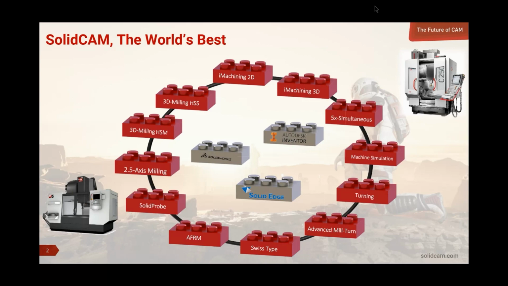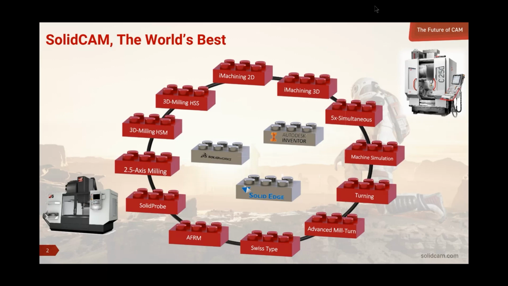Now, we do everything in our software from simple 2.5 axis machining all the way through the most complex 5-axis simultaneous and into the very sophisticated machines like the advanced mill turn and the very advanced Swiss turn machines.